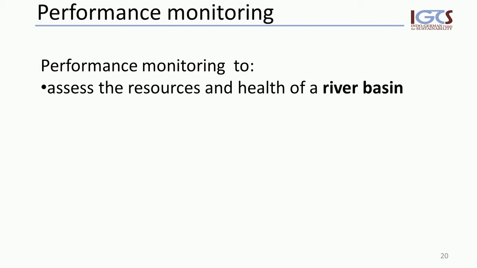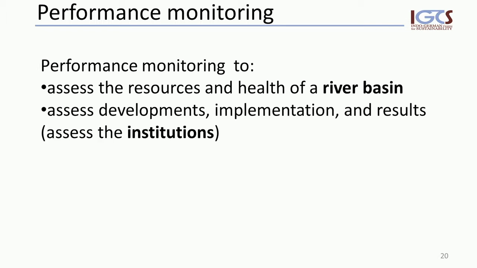So that performance monitoring is done to assess the resources and health of a river basin on one side, and on the other side, performance monitoring is conducted to assess developments, implementation and results. It's essentially assessing the performance of institutions. So one is a part of monitoring that we have discussed earlier, that we monitor our river basin, our hydrology, we monitor our polluters, and we monitor water quality and water quantities.